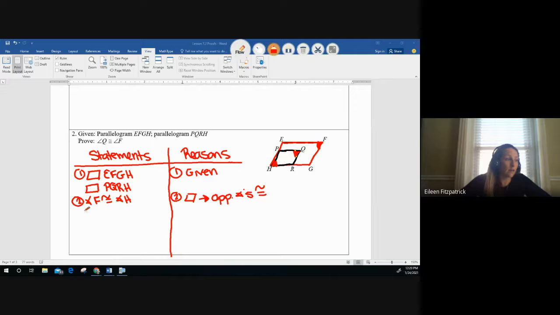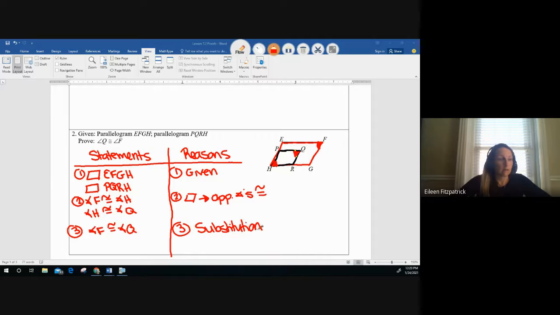I can. So I can also say that angle H is congruent to angle Q. I'll just leave it under the same statement because it's the same reason. And now finally, if F is congruent to H and H is congruent to Q, can't you say that angle F is congruent to angle Q? And again, I would take either substitution or transitive for this one. And that's it.